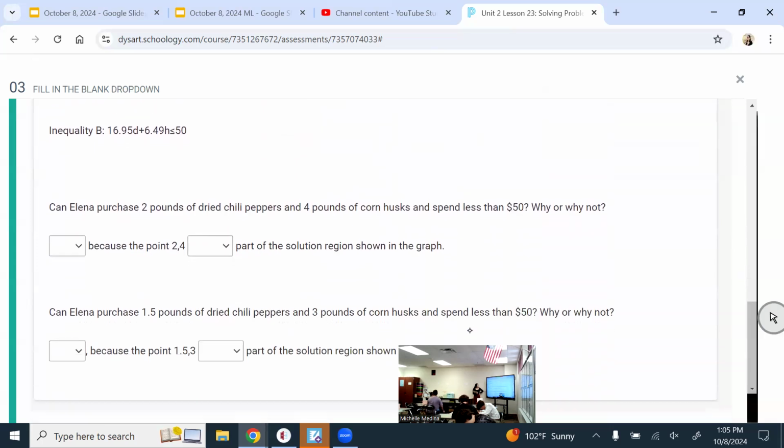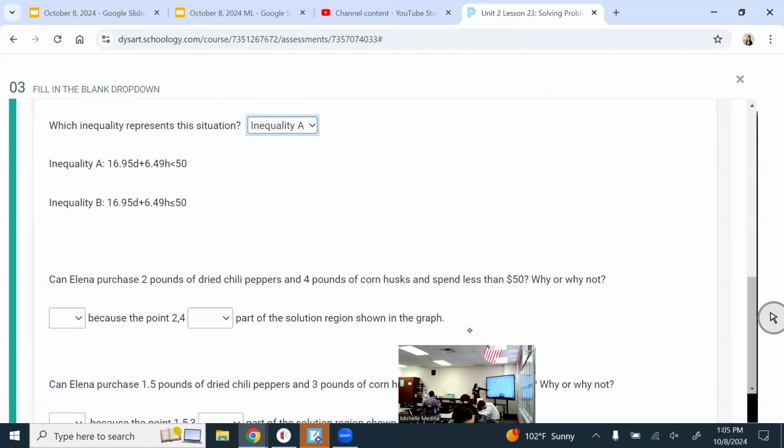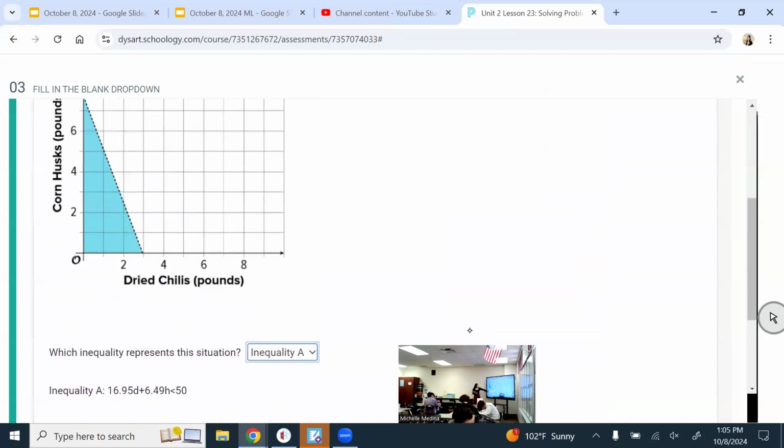Can she purchase 2 pounds of dried chili peppers and 4 pounds of corn husks and spend less than $50? So let's look at that on the graph. So 2 pounds of the dried chili peppers would be here. 4 pounds of the corn husks would be there. So can she buy that combination?